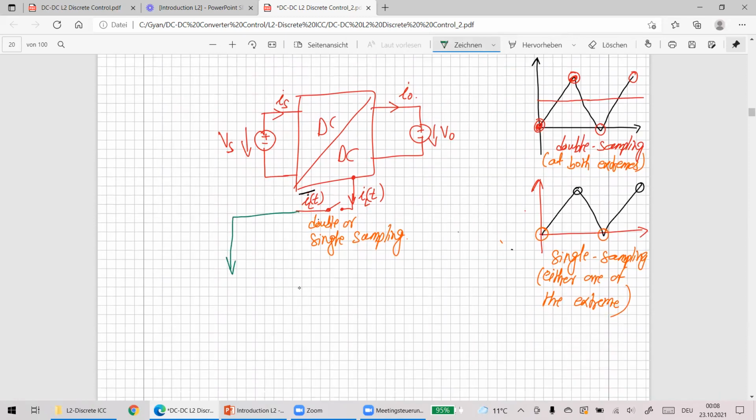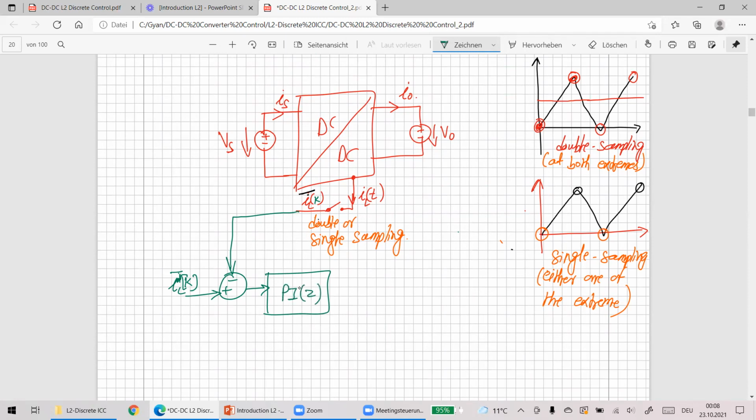And then this goes as a feedback. This is not in the continuous time domain. This is in the discrete time domain, and we get our reference in the discrete time domain. This comes from our outer voltage loop. Sorry, not energy loop.